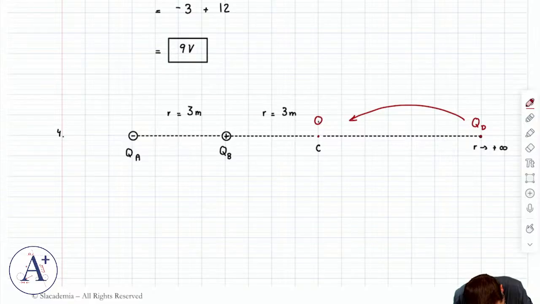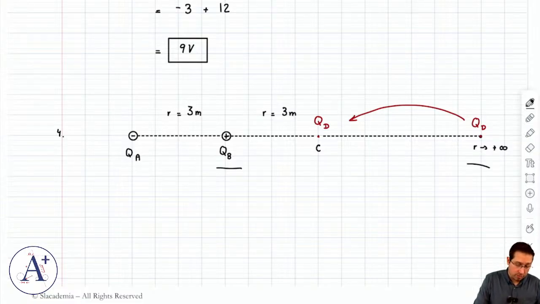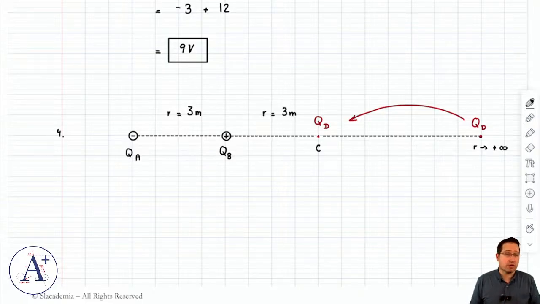And then now we have QD at point C. Well, in order to do that, you had to fight the repulsion from QA and QB. In fact, there's more repulsion from QB because it's closer to QD than attraction from QA because that one's a little bit further. But you had to do a certain amount of work, and that amount of work was the work required to overcome the work done by the electric force in repelling QD.